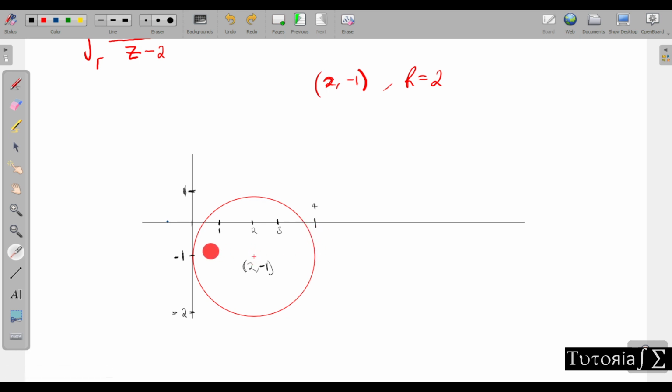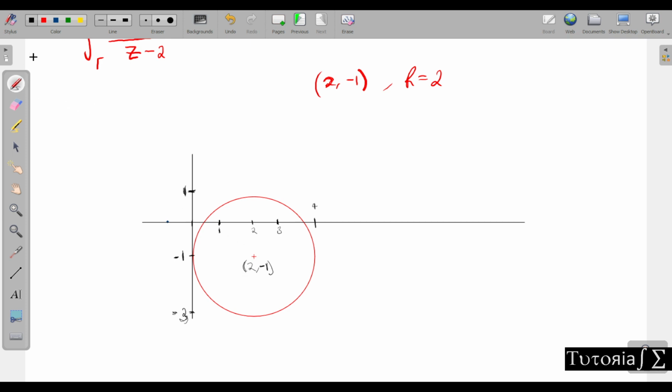From here, 1, 2 will be on 0. Two units down, that will be 1, 2, so this is supposed to be negative 3. Two units up, 1, 2, will be 1. So we've sketched our circle.